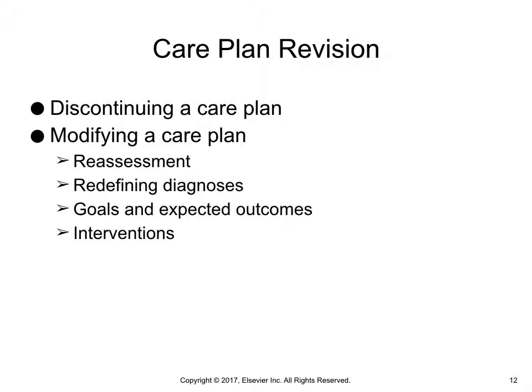An important step in critical thinking is knowing how a patient is progressing and how problems resolve, change, or worsen. After you determine that expected outcomes and goals have been met, confirm this evaluation with the patient when possible. If you and the patient agree, discontinue that part of the care plan.